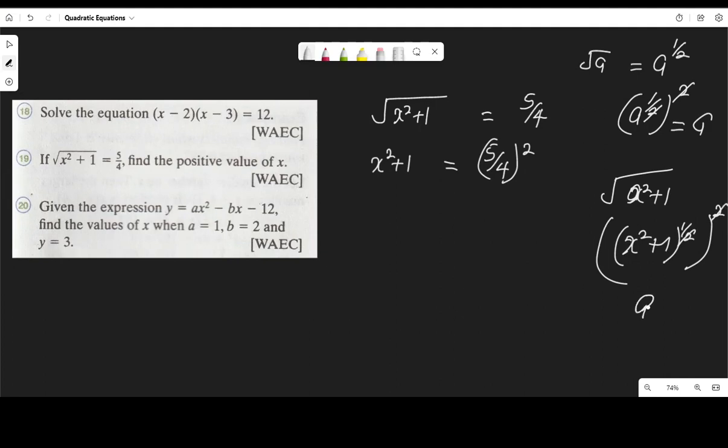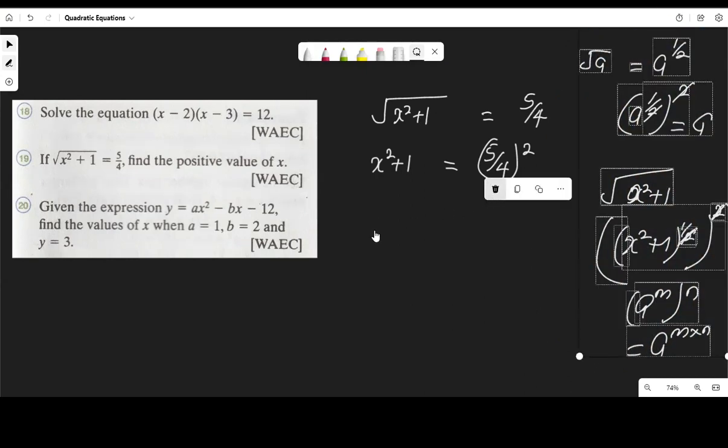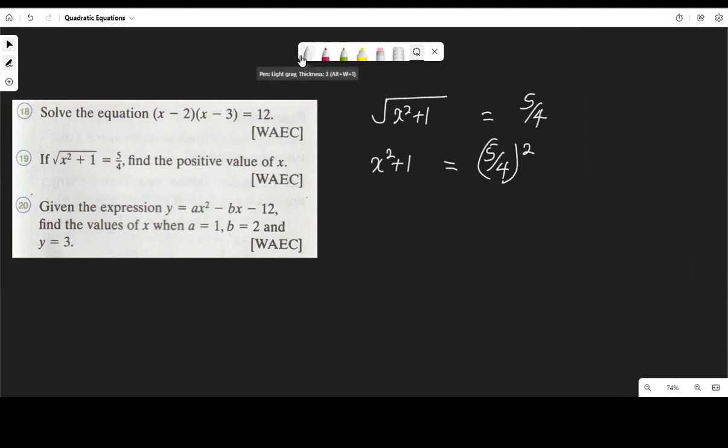When we apply the law of indices, a to the power of m to the power of n is a to the power of m times n. So this half multiplied by 2, which means 2 can cancel out. So the point is, when you want to remove a square root sign from an expression, you take the square of it. That is the point I'm trying to make with all the long stories.